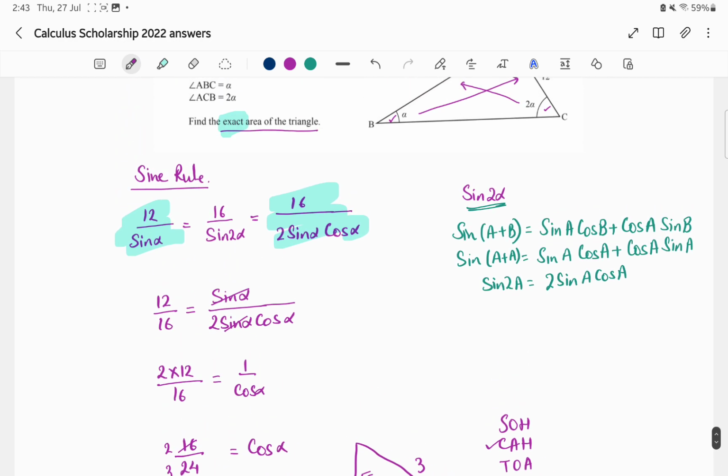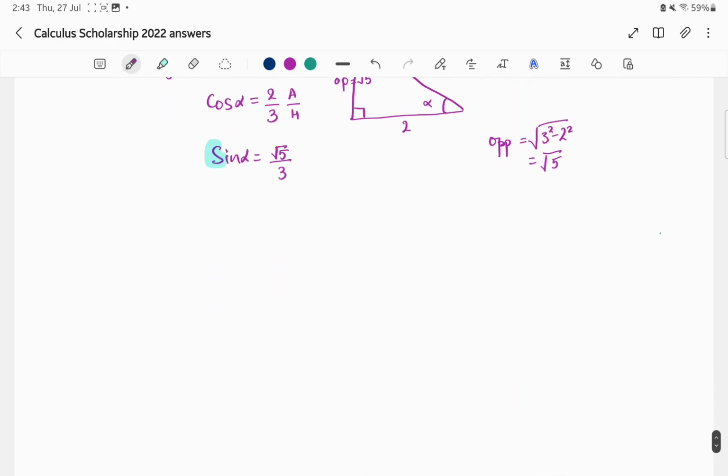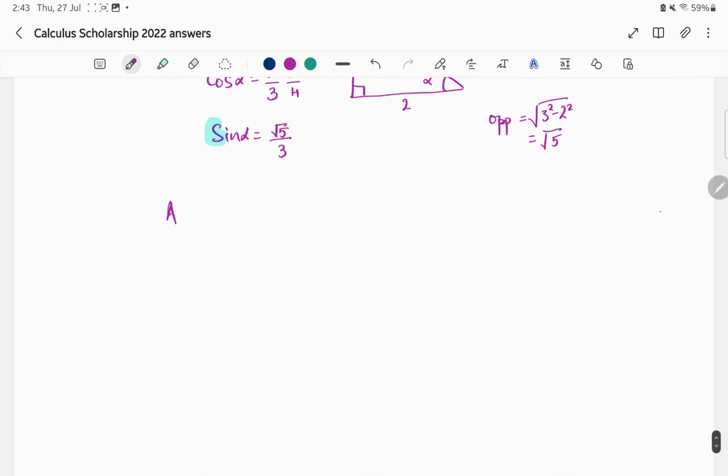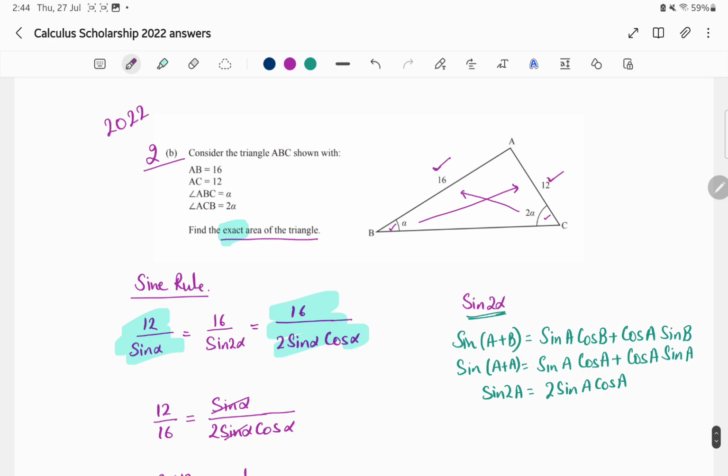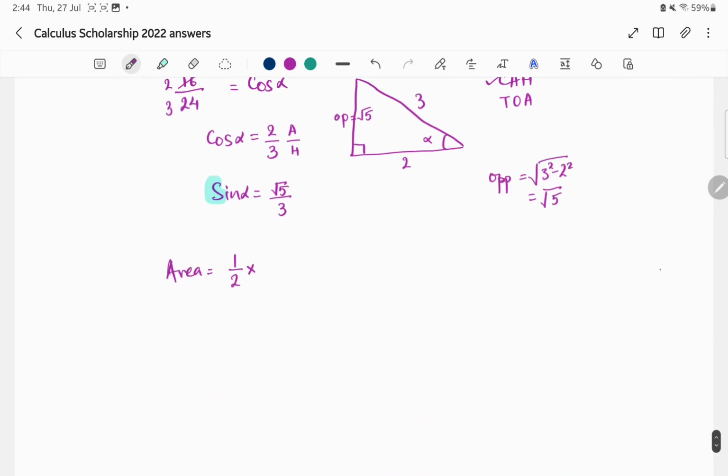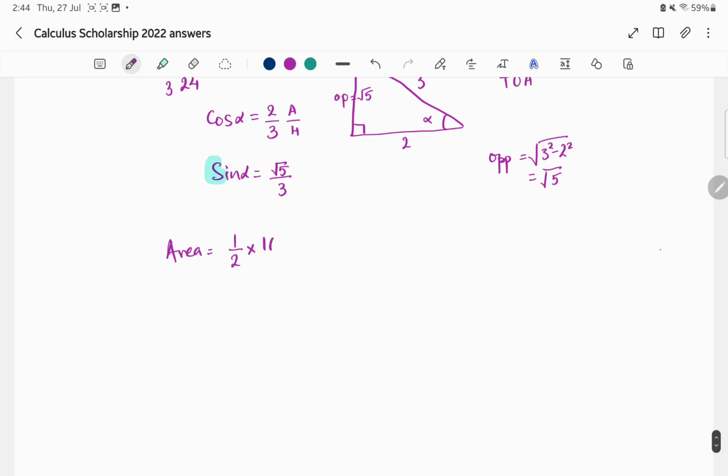Now we need to find the area. All right, so to find the area, we know that if it is a non-right angle triangle, the area is half times the two sides and the included angle, right? So it's going to be 16 times 12 sine of the included angle.